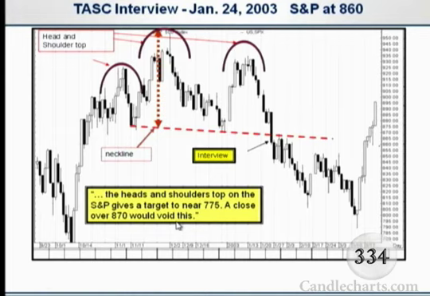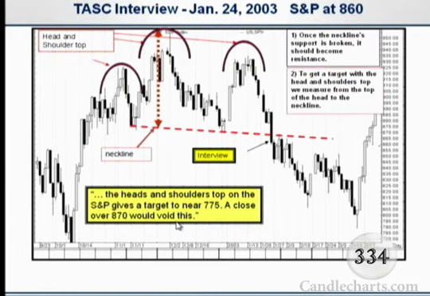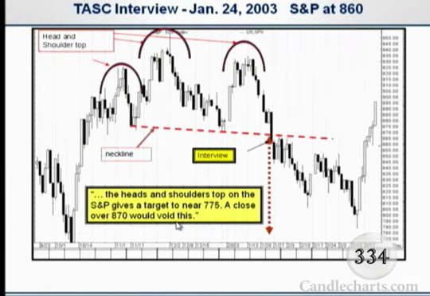Wow is right. So now I shift, and this is why it's putting together East and West. This is a great way of bringing it all together. Head and shoulders top, okay? That gave a target to actually around 787. The reason I nudged it a little bit to 775, I don't show it here, but this is in 2002.